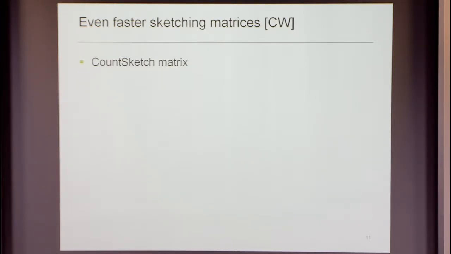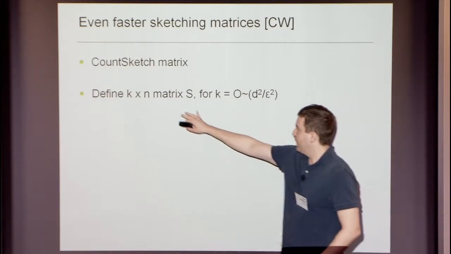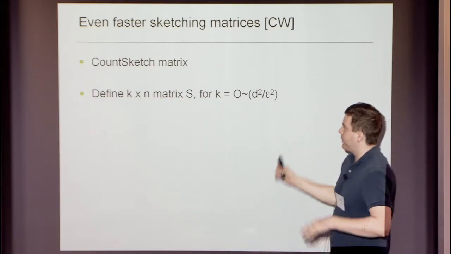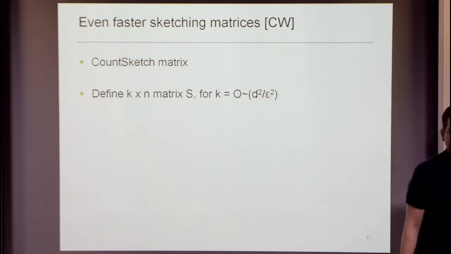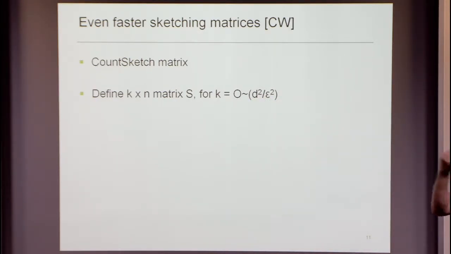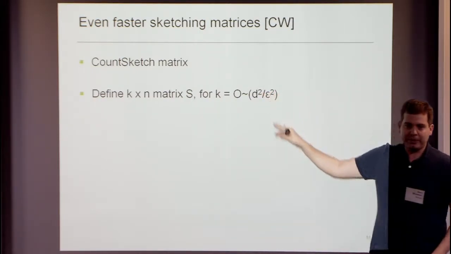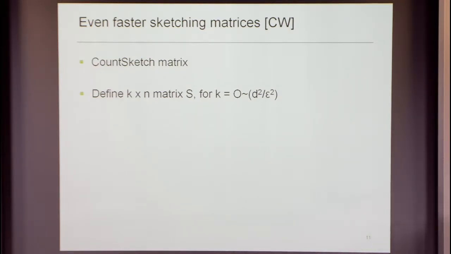We use what's called a count sketch matrix, which was inspired by the data stream literature. Let me define what that is. This random family of matrices S is again a k by n matrix. Now k is a little bit larger. Recall in the Gaussian case, you get a d over epsilon squared by n matrix. Now k is d squared over epsilon squared, still independent of n.